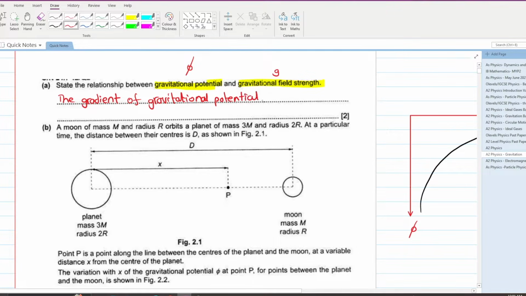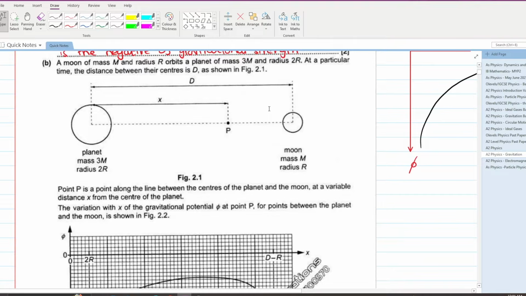The gradient of the gravitational potential and separation graph is the negative of gravitational field strength. Simple as that, nothing complicated in this one. Very easy question, very easy, 2 marks here. Gravitational field strength, I forgot to write field here, you can write it.